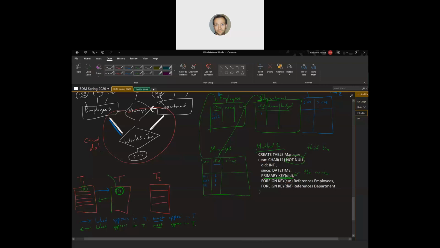The foreign key says if something appears in table T, then it must appear in T1. But you cannot say for each entry in T1, it must exist in table T. So that is just a limitation of the relational model.